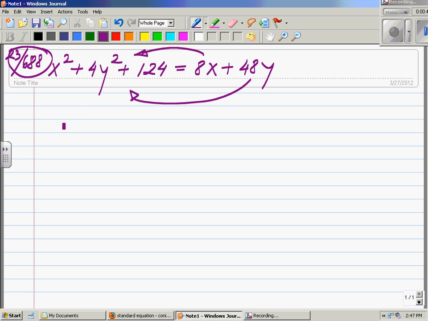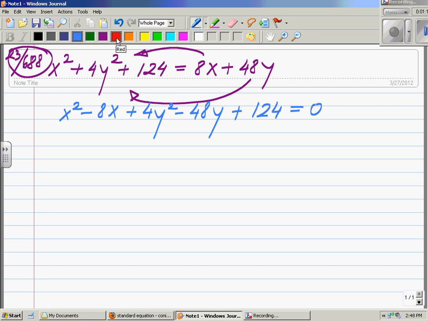I have x squared minus 8x plus 4y squared minus 48y plus 124 equals 0, right?